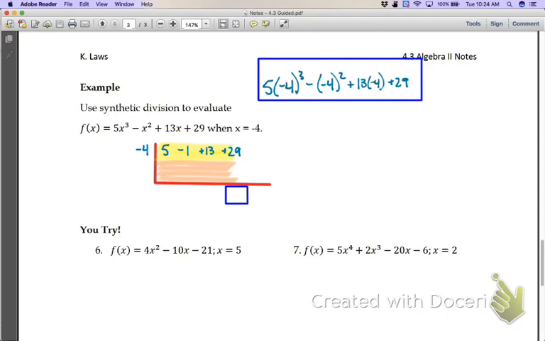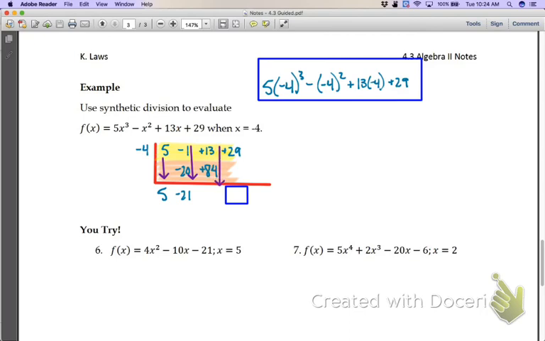So I still do everything the same way. I'm still going to take 5 and drop it. I'm still going to take negative 4 and positive 5 and get a negative 20. Still going to add straight down and get a negative 21. I'm going to take negative 21 times a negative 4, and I'm going to get a positive 84.